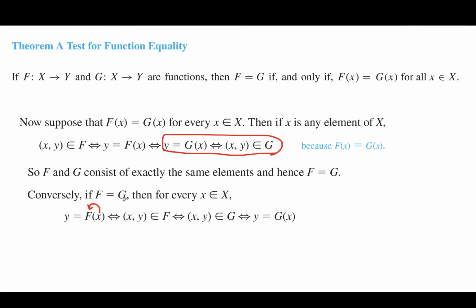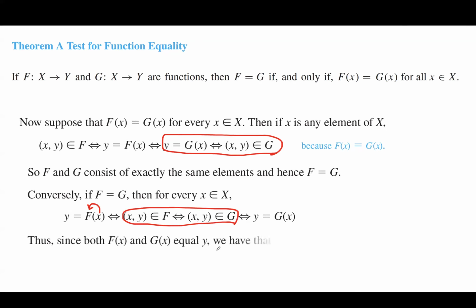But at the same time, we know that f and g are the same, so whatever you take from f is going to be in g. But (x, y) in g means that y is equal to g of x. So y is equal to f of x, and y is equal to g of x. It means that since both f of x and g of x equal y, f of x and g of x are the same. The output values must be the same as well.